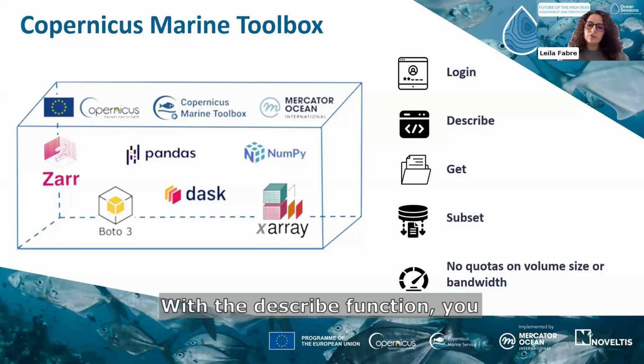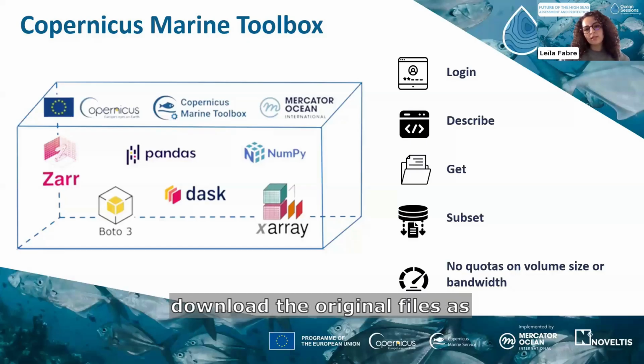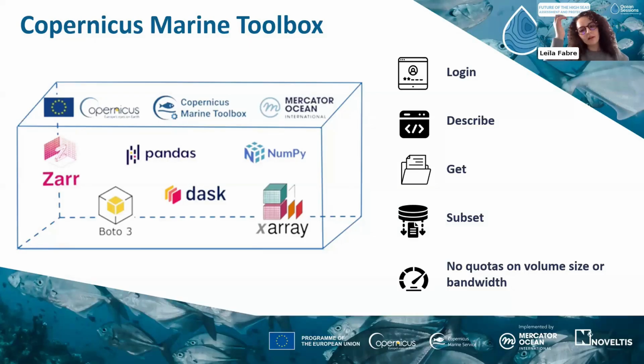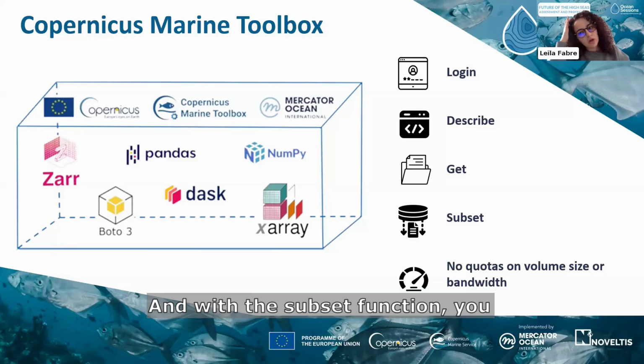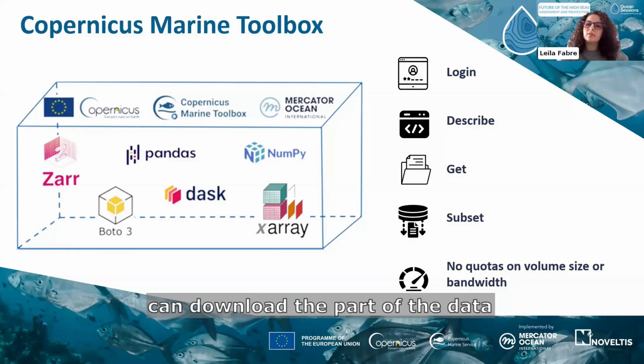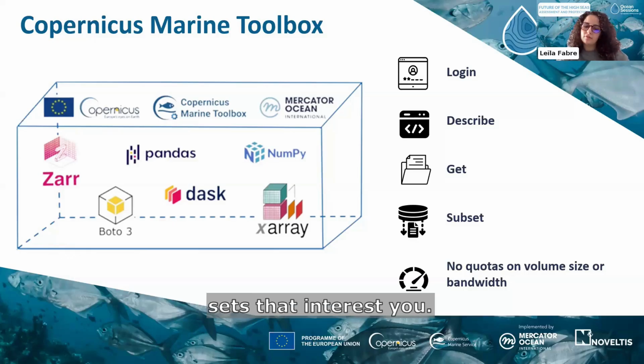With the describe function, you can explore the Copernicus Marine catalog, and you can retrieve the products and the datasets metadata. With the get function, you can download the original files as delivered by the producers. And with the subset function, you can download the part of a dataset that interests you.